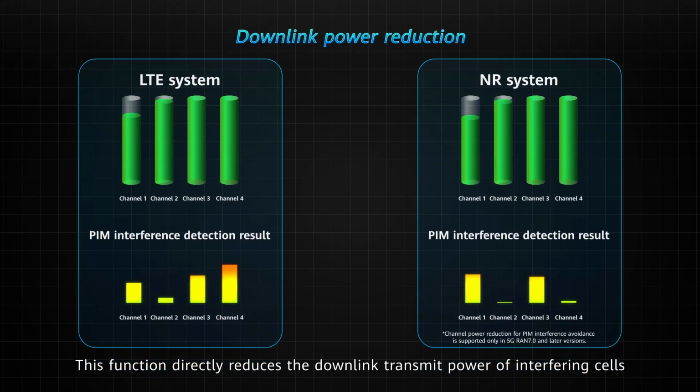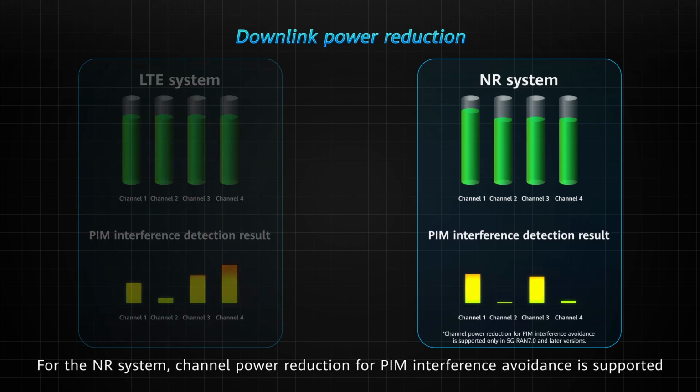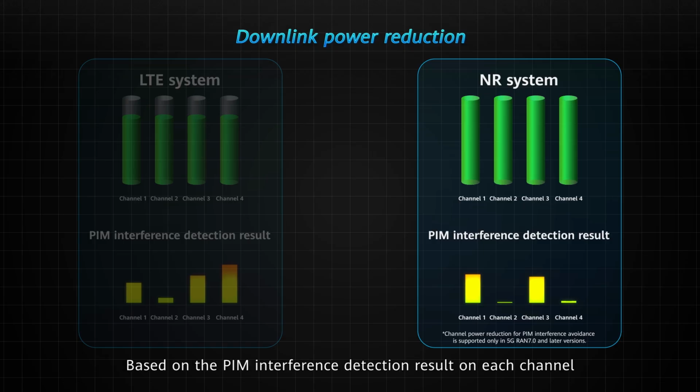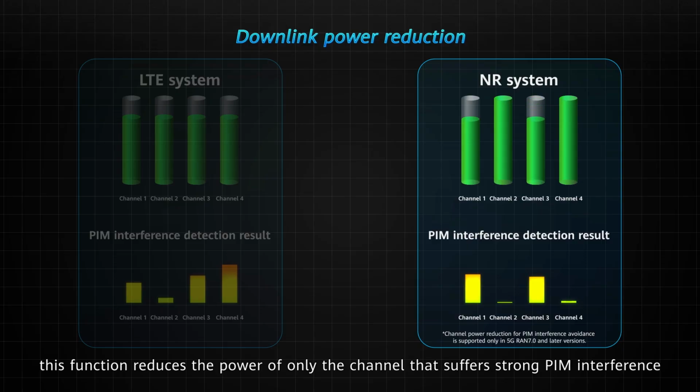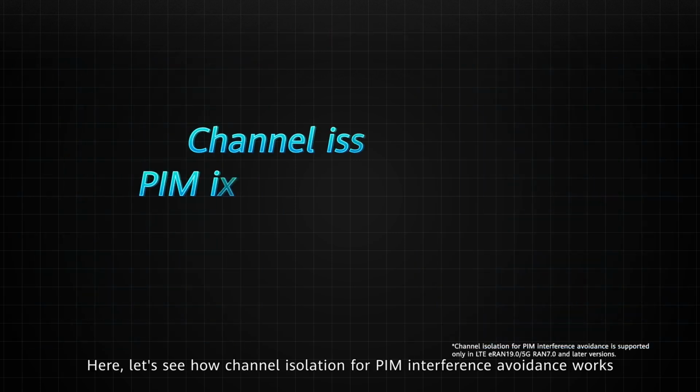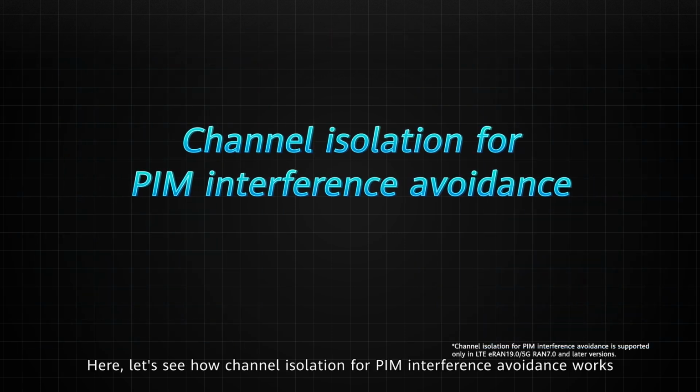This function directly reduces the downlink transmit power of interfering cells. For the NR system, channel power reduction for PIM interference avoidance is supported. Based on the PIM interference detection result on each channel, this function reduces the power of only the channel that suffers strong PIM interference.